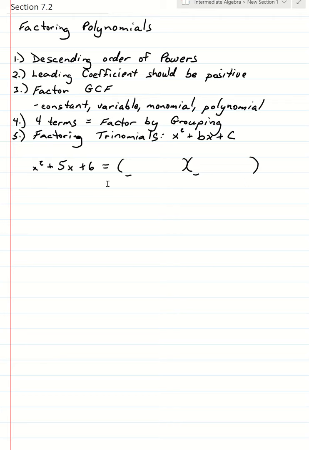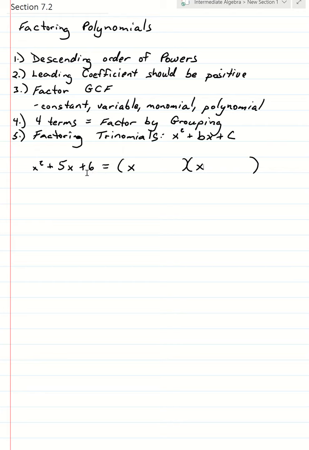And of course, that would be an x. So we're going to have to place an x here and an x here in those first slots of the parentheses. Next, what we want to take a look at is the last number now, c.